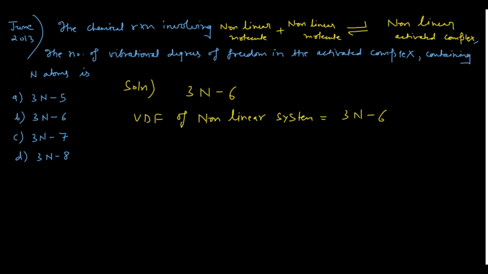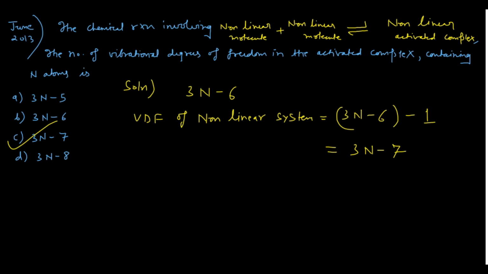But as you know, the transition state theory clearly states that when your molecule is forming a non-linear activated complex, one of the vibrational degrees of freedom will convert into a translational degree of freedom. That means you have to subtract 1 from here, and when you subtract this, you will get 3n minus 7, right? So this is your correct answer. So option C you can mark, right?